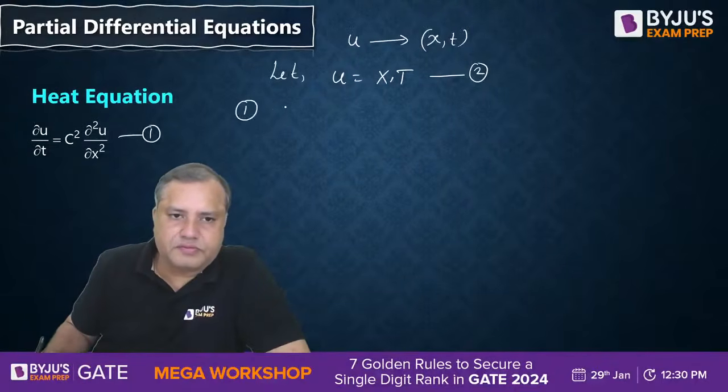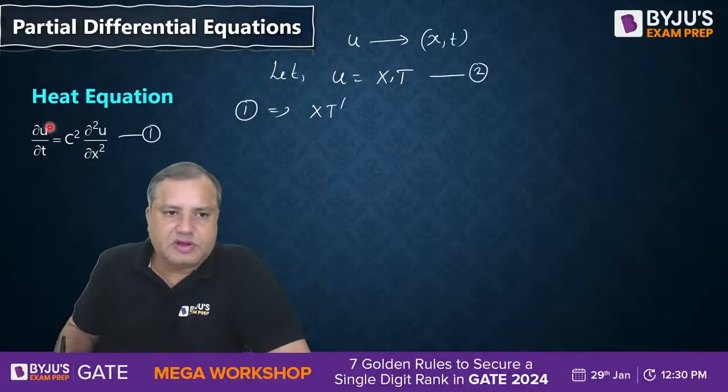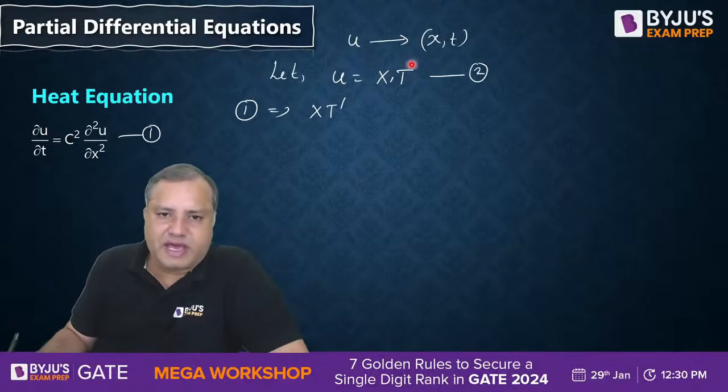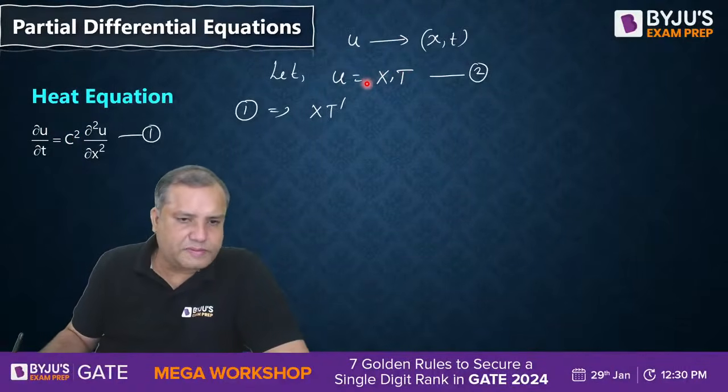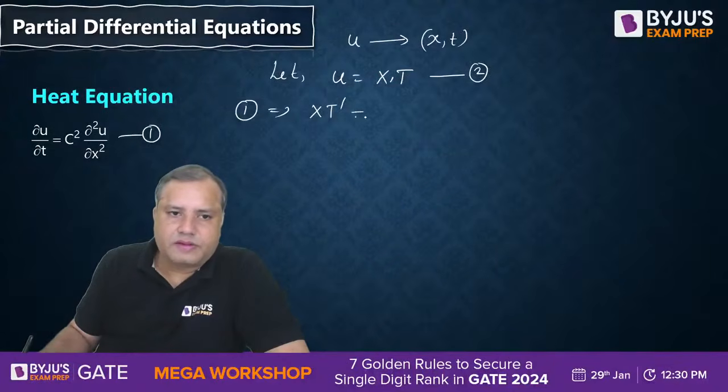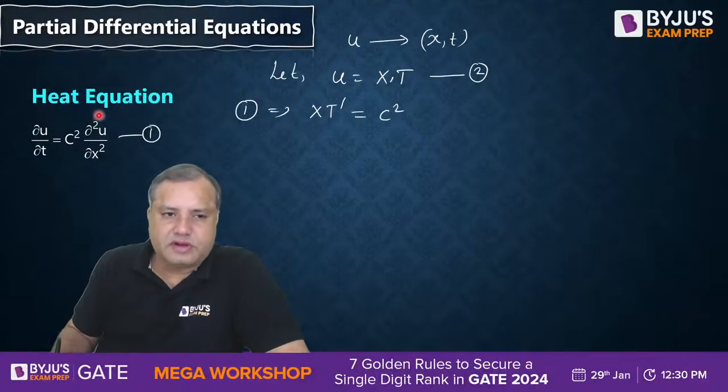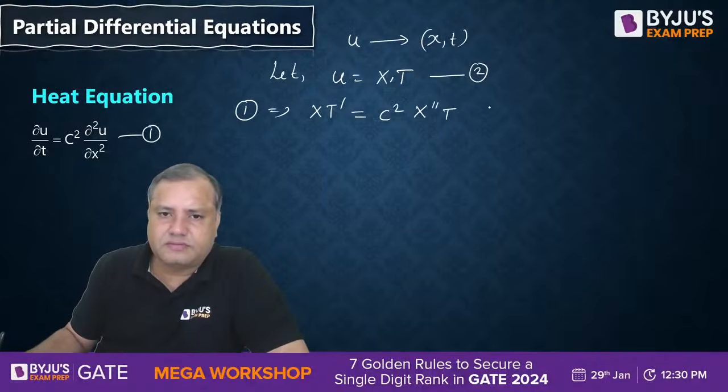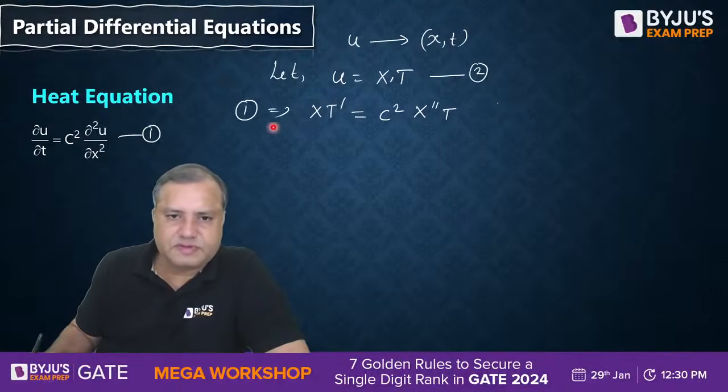Now, del u by del t will be X T dash, equal to c square del square u by del x square, the double derivative with respect to x. This will be X double dash T, and this is equal to k. Just a moment, we'll separate the variables first.